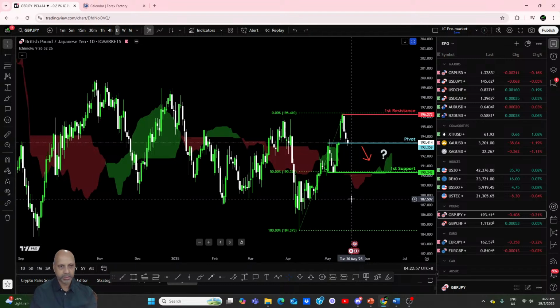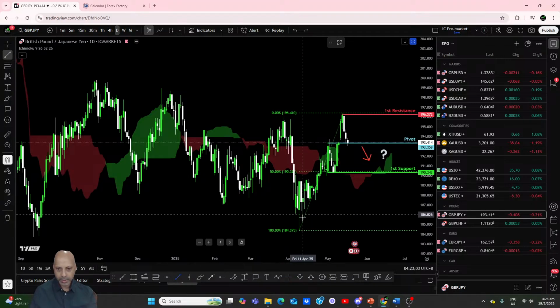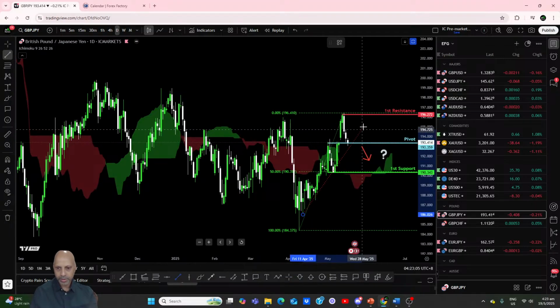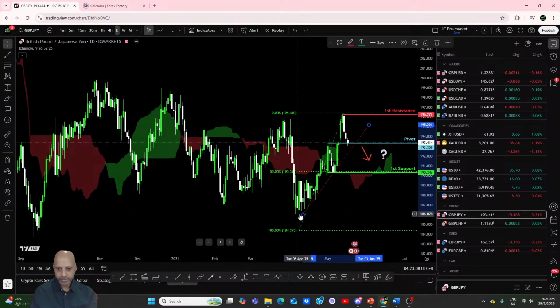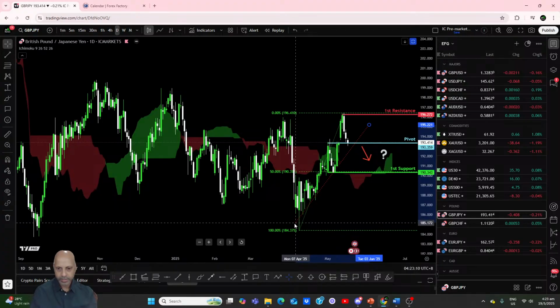So these are the key levels here for pound yen, and also take note, there's a pretty decent ascending trend line for this currency pair.